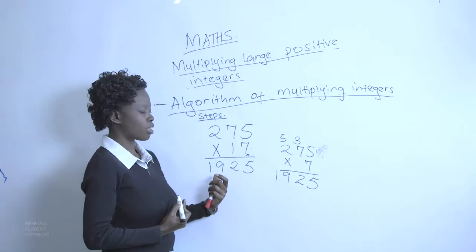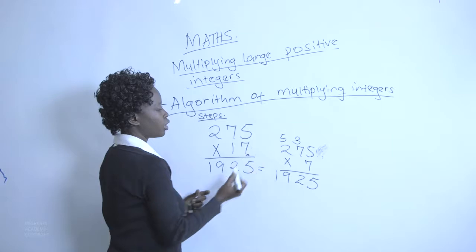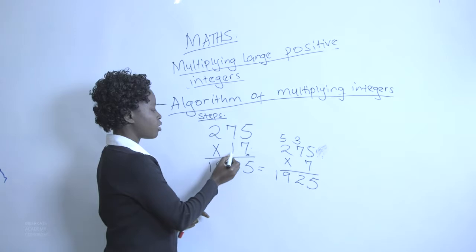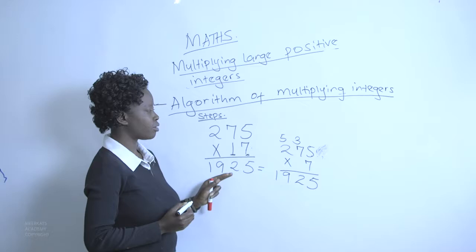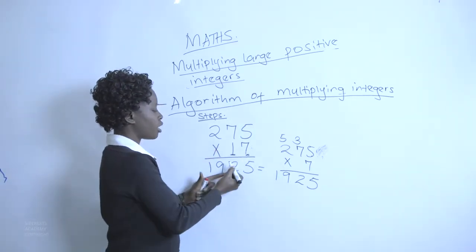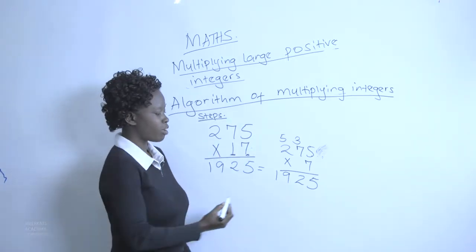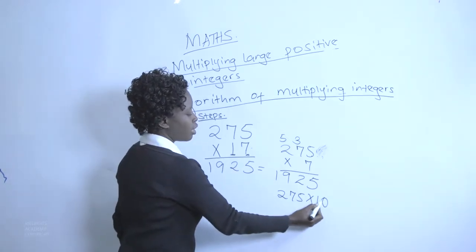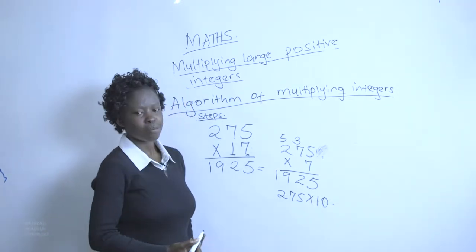So we are having 1925. This is simply 275 multiplied by 7. Then the next digit that we have is 1. 1 is in the tens place value. So to get the values in this case, being in the tens place value, I'm having 275 times 10. 275 times 10, we are having multiples of 10.